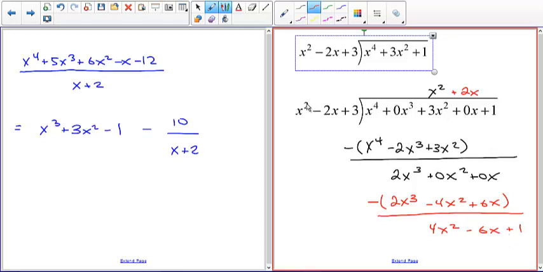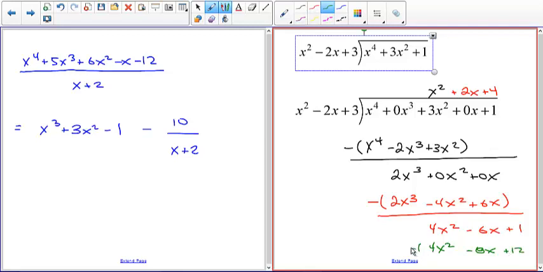What do I need to multiply x squared by to get 4x squared? So the answer is 4. 4 times x squared is 4x squared. 4 times negative 2x is negative 8x. 4 times 3 is 12, plus 12.